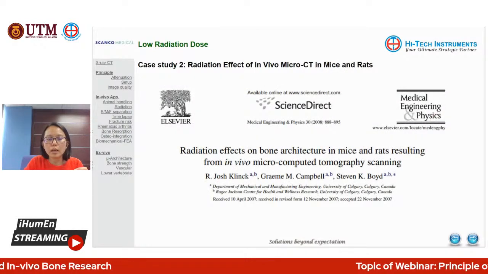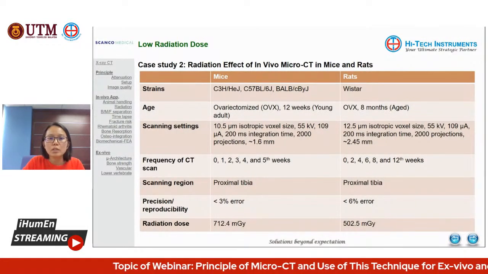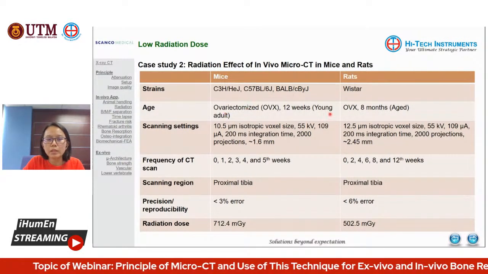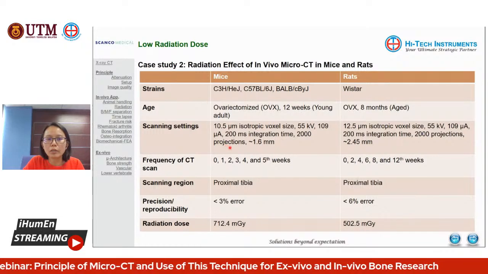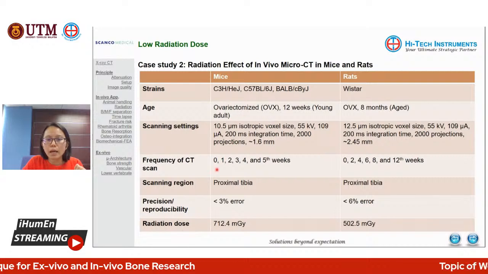Okay, this is another case study as well. For this case, they are looking at both mice and rats. Both animals were OVX, which means ovariectomized, with the ovary removed surgically, and they were scanned 6 times.